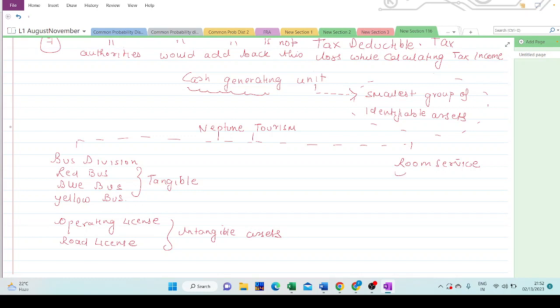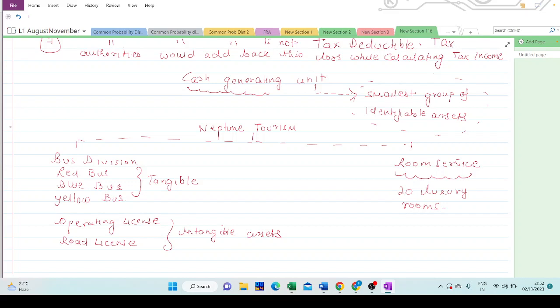And then there is the room service division. In the room service division, Neptune Tourism owns and operates 20 luxury rooms.